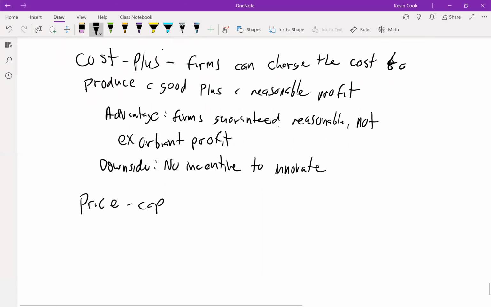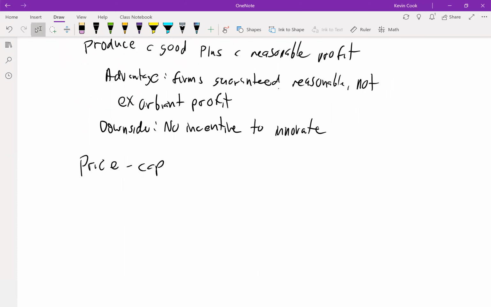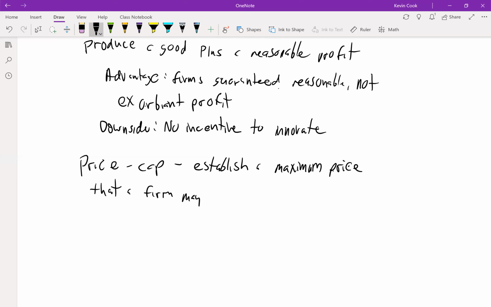What the price cap does is kind of opposite. Well, not opposite, but what this does is it's going to establish a maximum price that a firm can charge. And this is regardless of what the costs are to actually produce the good. So you have the maximum price a firm may charge.